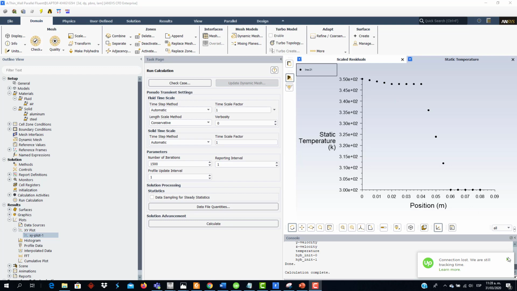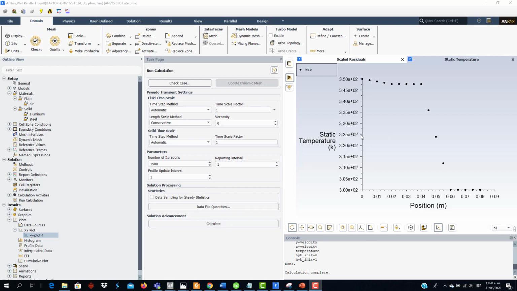You know that contact resistance is present when you have solids in contact, and as the surfaces are not ideally plane, they have roughness. Then there is a contact thermal resistance that has to be taken into account in the heat transfer processes. One way to do this is to use the thin wall model.